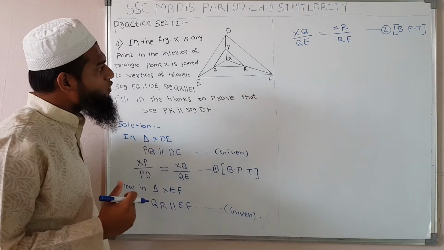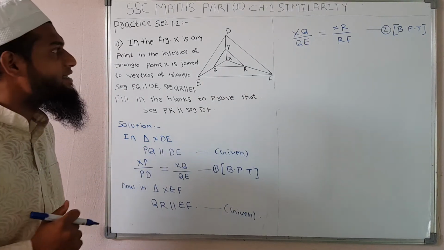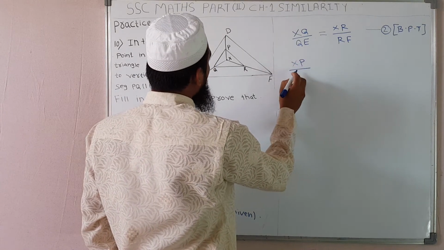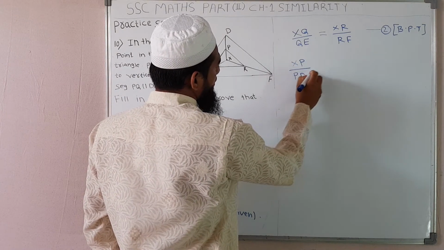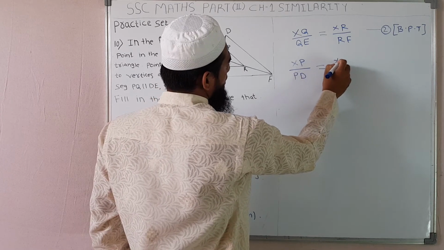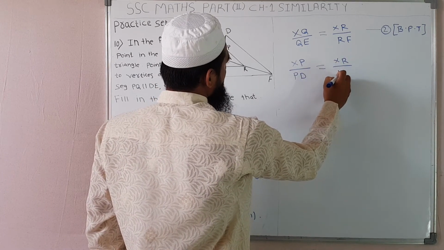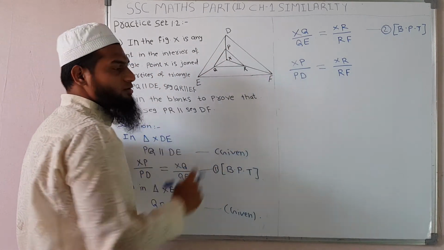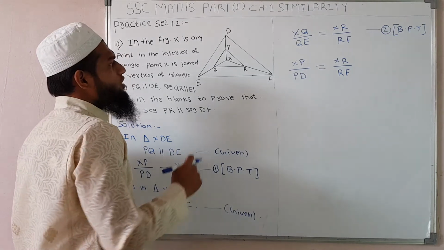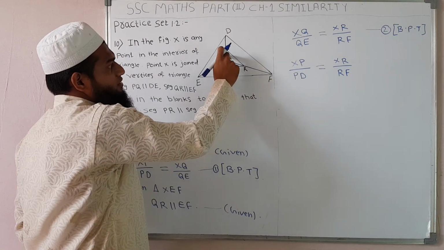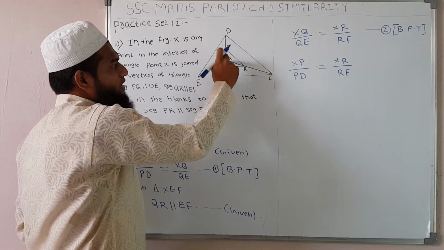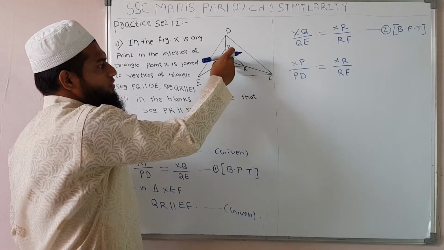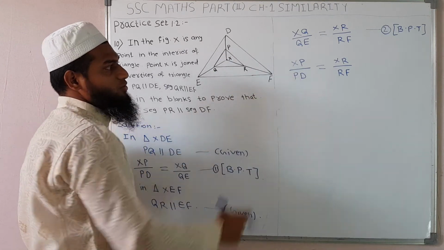Now from 1 and 2, we can write that XP upon PD is equal to XR upon RF, because XP is proportional to PD and XQ is proportional to QE, and also XR is proportional to RF.